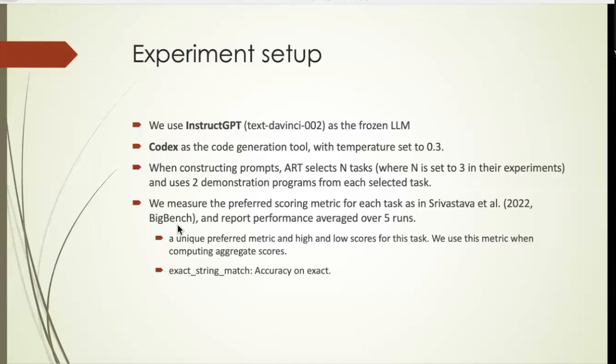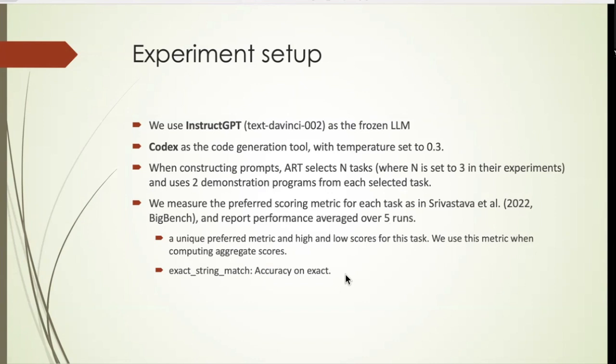For each of the tasks, if you are going to submit a task to Big Bench, you also need to specify the scoring metric functions to evaluate that task. So basically, they just use the corresponding evaluation function and get it normalized between 0 and 100. And then they can do the aggregated performance for all the tasks they evaluated.